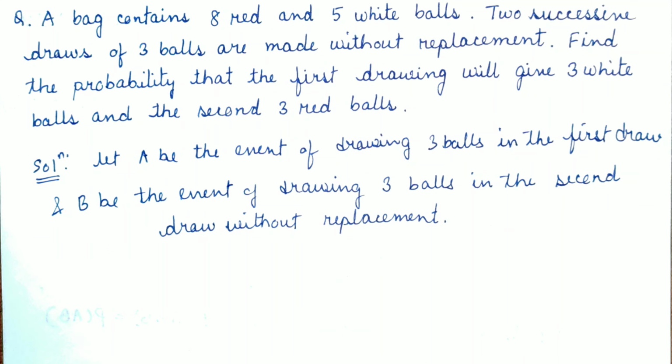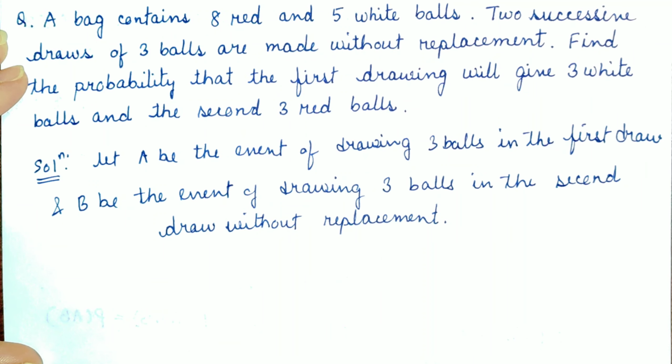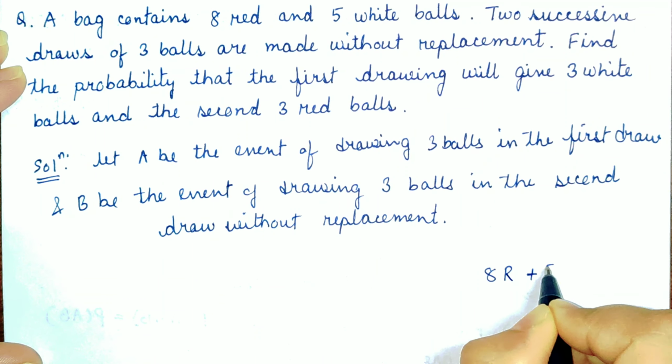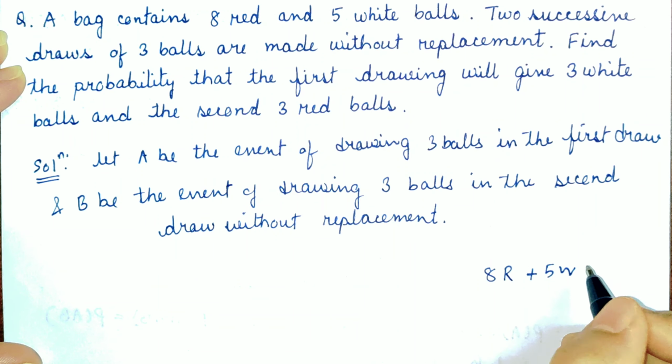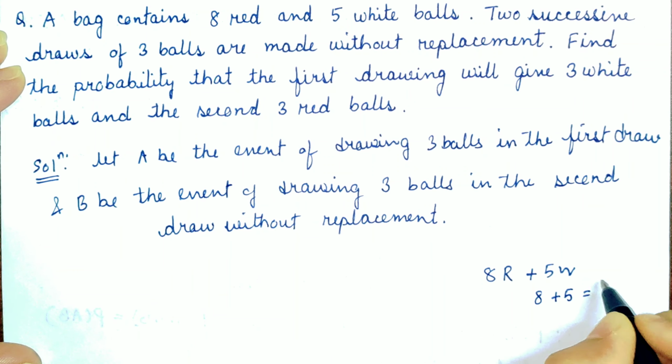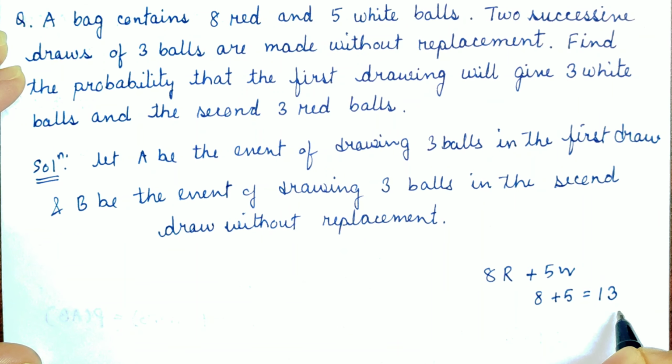3 balls are drawn both times, and in the bag 8 red balls and 5 white balls are given. So the total number of balls is equal to 8 plus 5 equal to 13. From 13 we have to draw 3 balls.